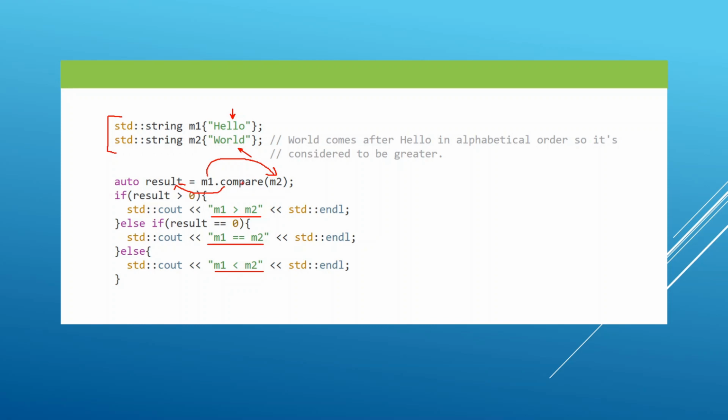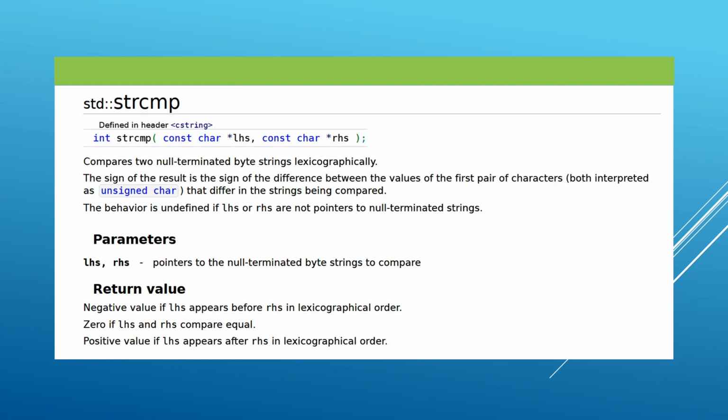So we have the information about our comparison stored in this result variable, which happens to be an integer in this case. And this is also the same logic we follow for the strcmp function in the C-string library. If the return value is negative, we're going to note that the first operand is less than the other. This is what we are saying in here.